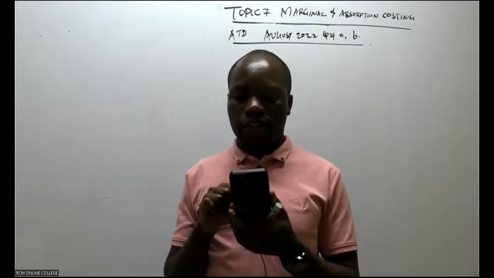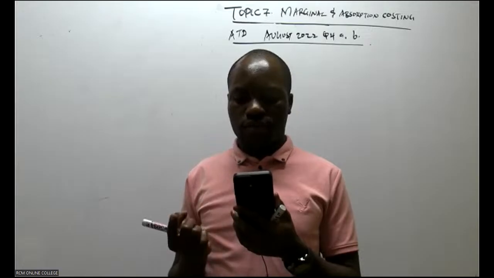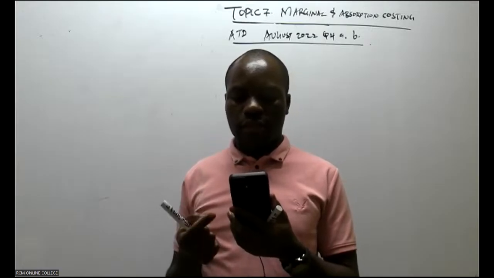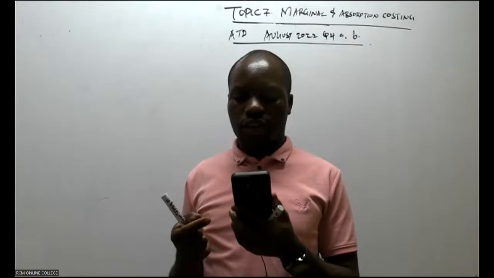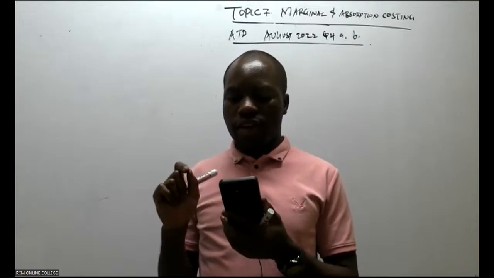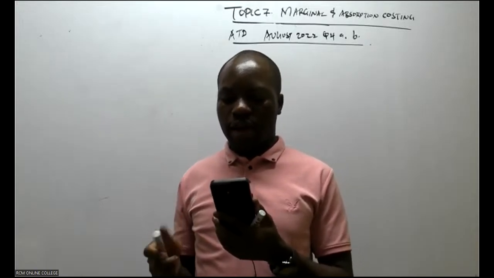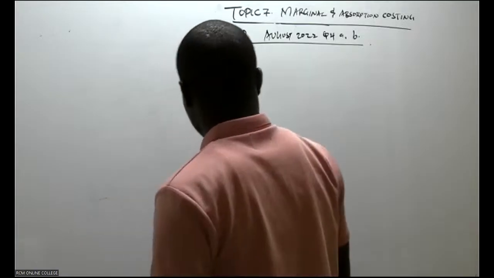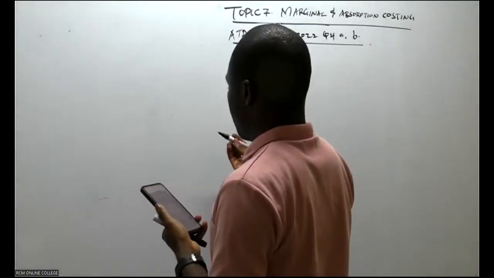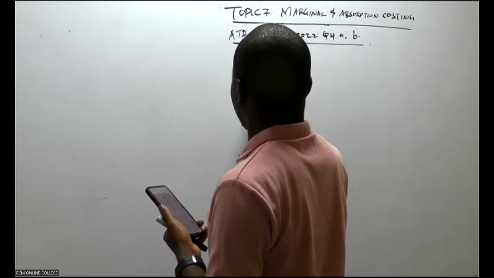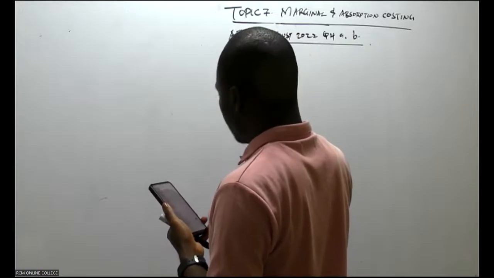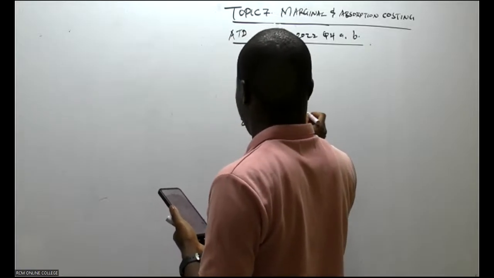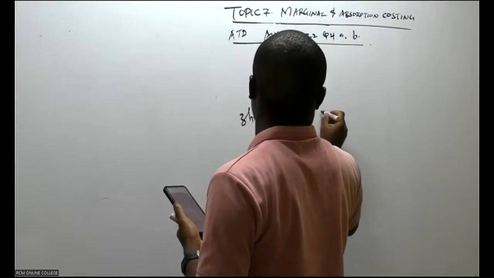The budgeted production cost per unit is as follows: direct labor, direct material, fixed production overhead. For the direct labor cost given there per unit, we have 3 hours at shillings 6 per hour.